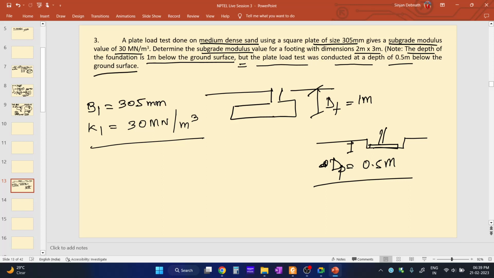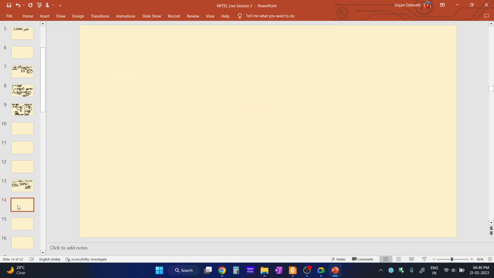So now the size effect. This one is medium dense sand. So similar to what we did before.